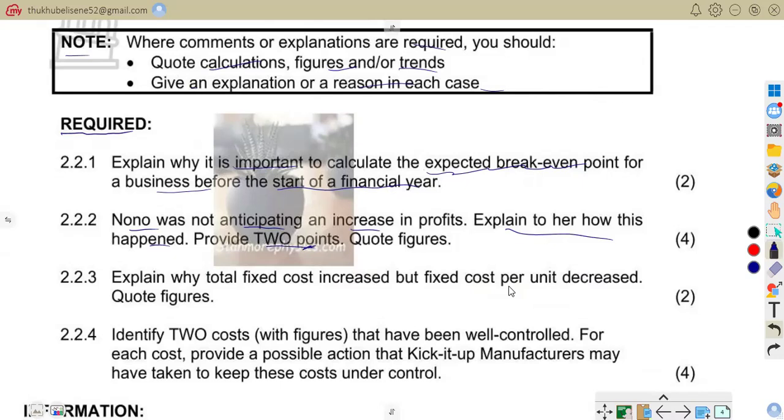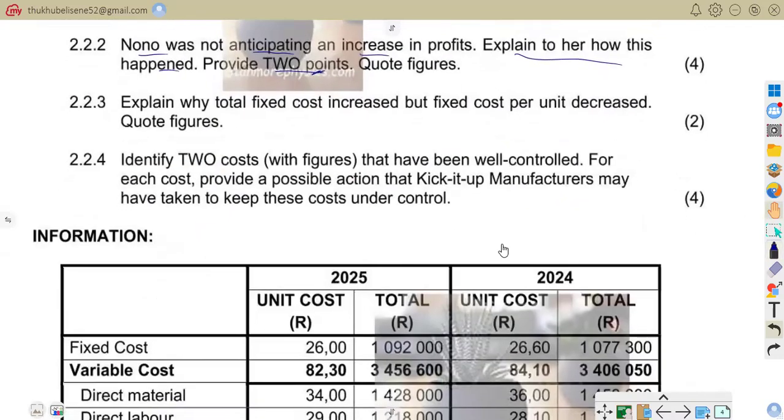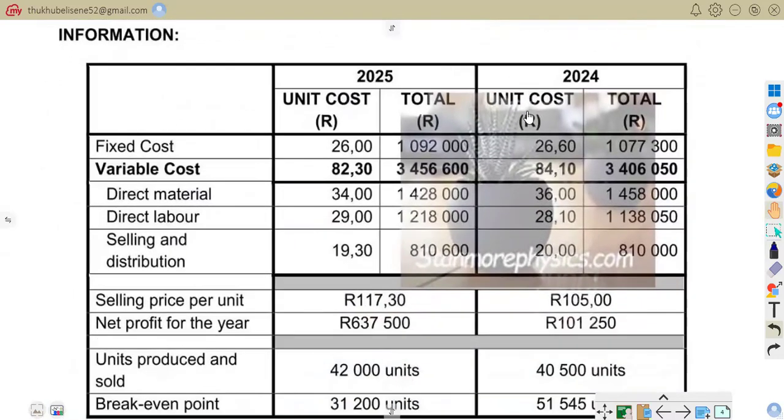In short, why profit increased. So now let us look at the information on why profit increased. We can make use of this information.